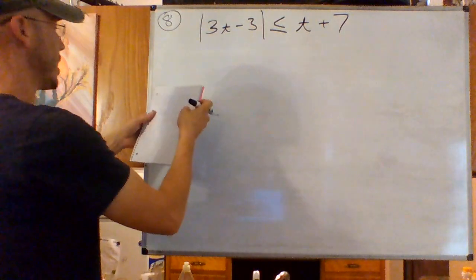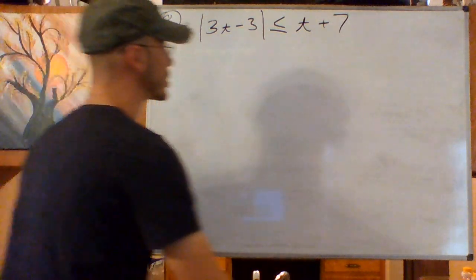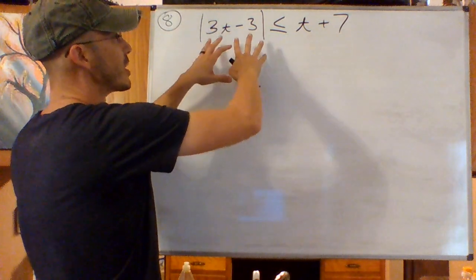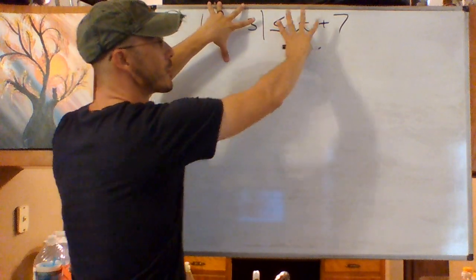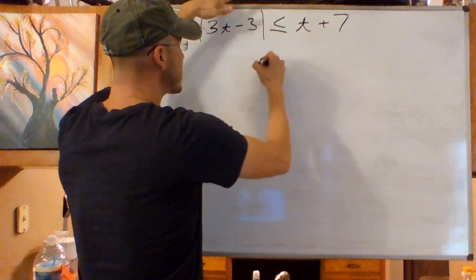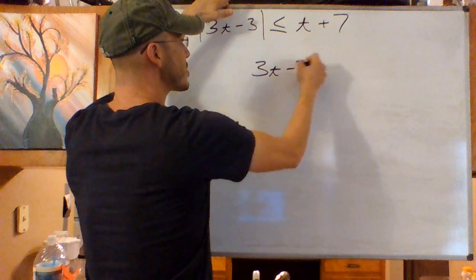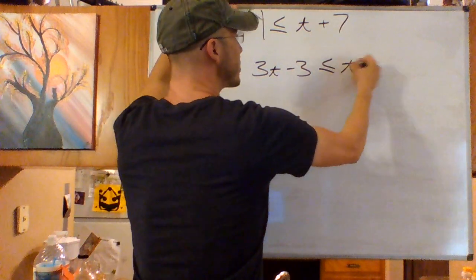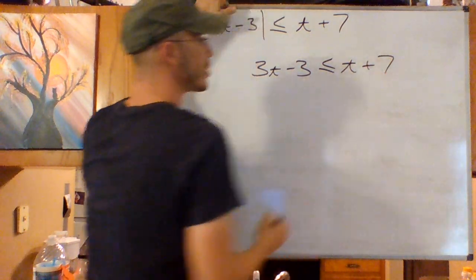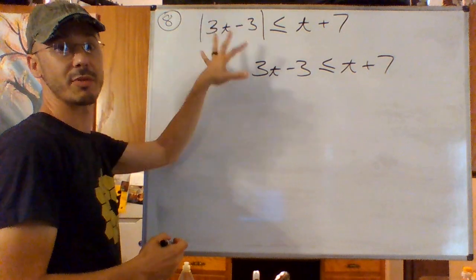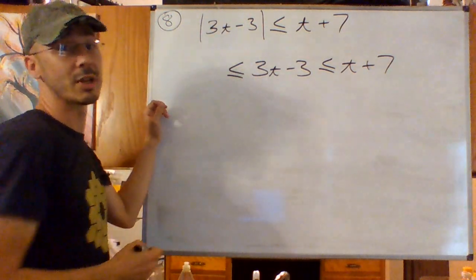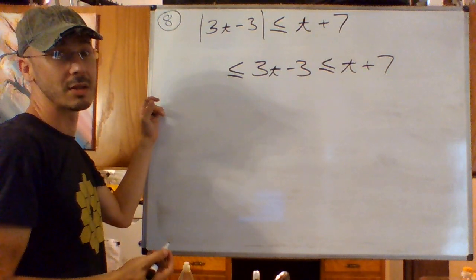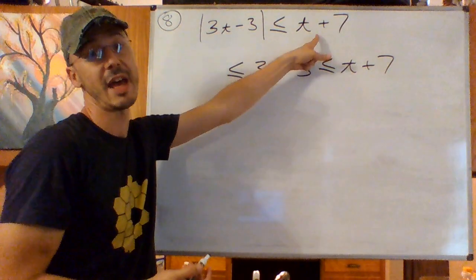I don't think it was as smooth as it usually goes, but think of it like we had with the other one. The absolute value of the expression is less than or equal to this. Means the expression itself, 3t minus 3, is less than or equal to this, as it has to be for its absolute value to be. But also greater than the negative of that.